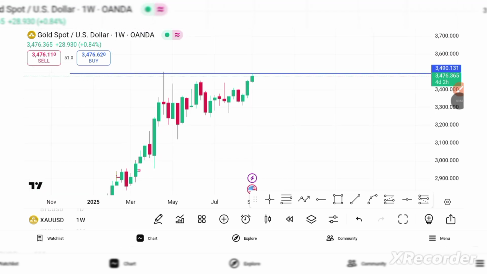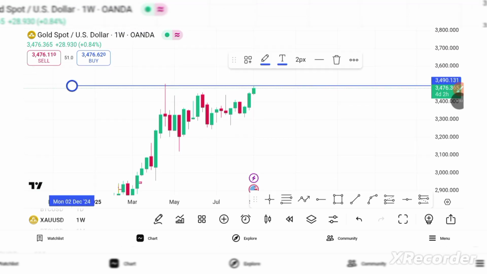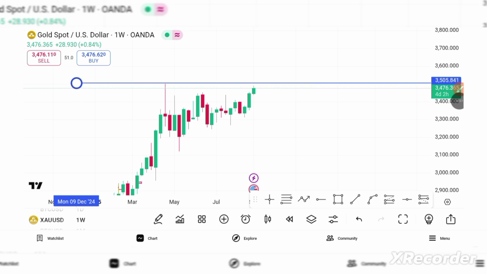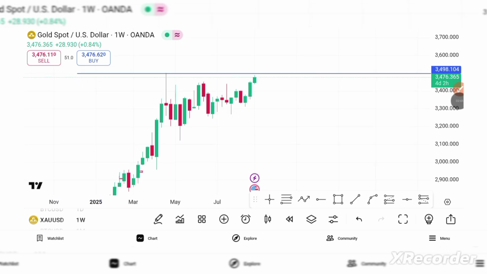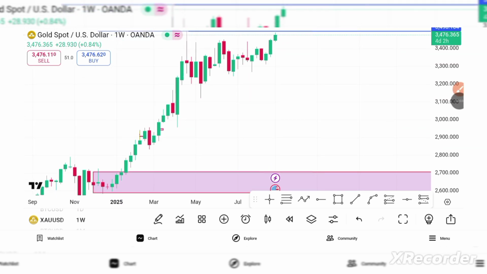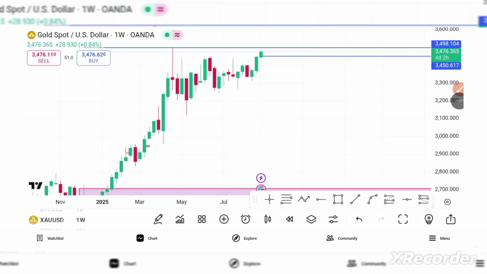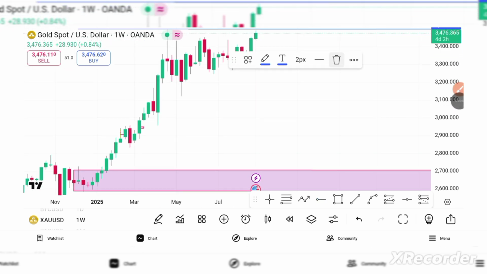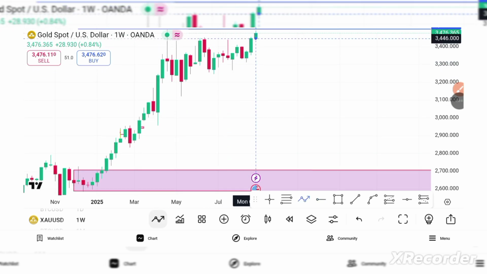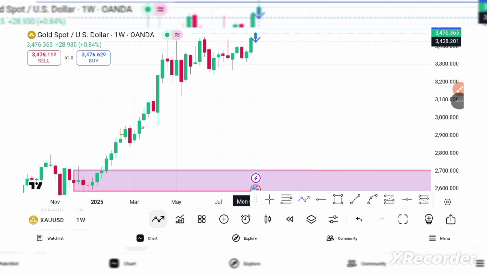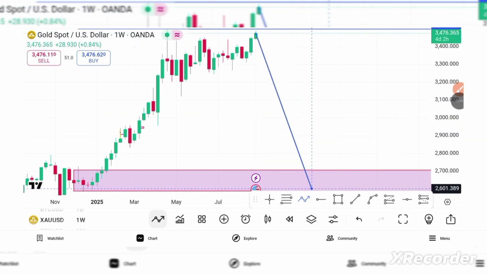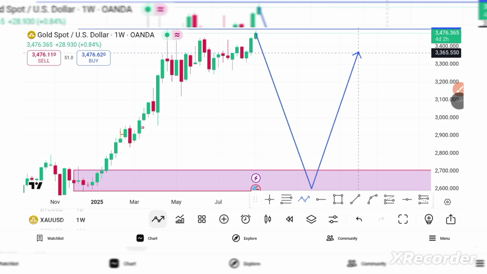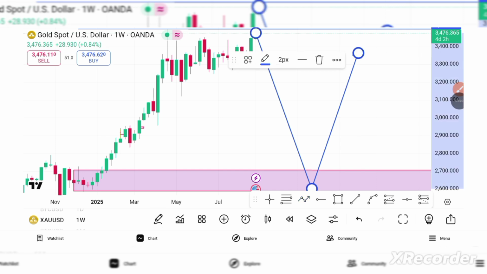Right now price wanted to take out this high and give us a pullback into this zone before giving us the real move to the upside.